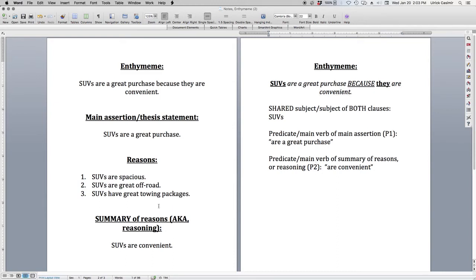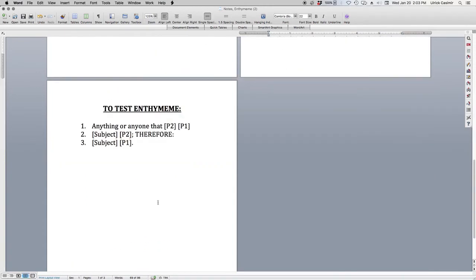Why is this important? Because to test the enthymeme, this is what you're doing in this stage. I'll explain it very quickly for those of you that have had some training in formal logic or informal logic. You'll recognize this. This is basically a syllogistic breakdown of an enthymeme, essentially identifying the informal logic structure that informs the enthymeme itself.